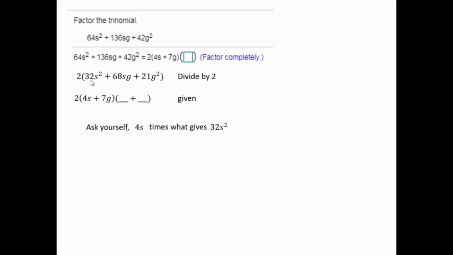I'm just using my knowledge of FOIL here, right? 4s times what would give me 32s squared? And if you think about it, that is 8s here. We could divide 32s squared by 4s as well to get this 8s. So we put 8s there.